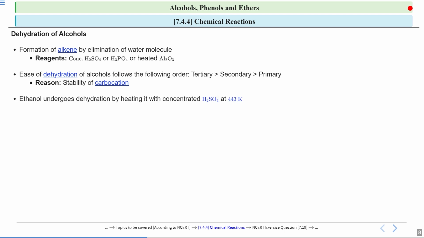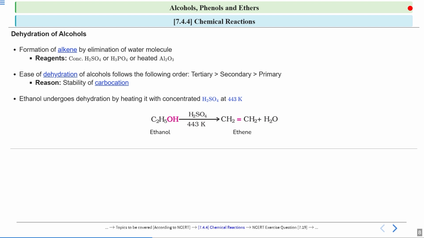Now if we take the example of ethanol, it will undergo dehydration by heating with concentrated H2SO4. Look here, we are using concentrated H2SO4 and look at the temperature. The temperature is high, that is 443 Kelvin. So harsh conditions are used here.